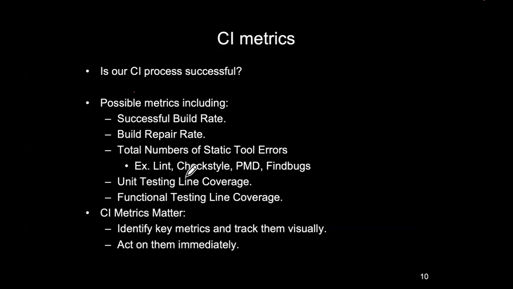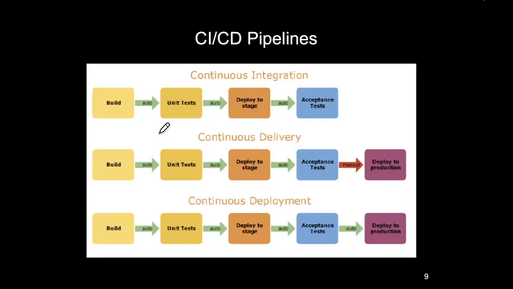Unit testing, line coverage, not going to look at that now, but going back to here, both the unit testing and the acceptance testing, there are ways of measuring how good the unit tests are and how good the acceptance tests are. A simple measure is what's called line coverage.